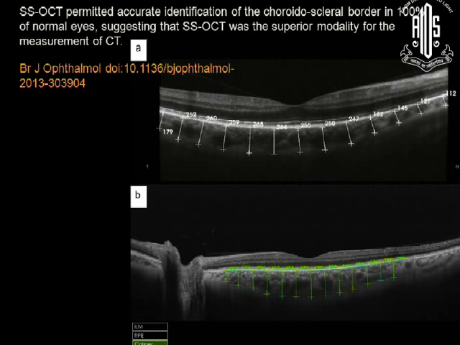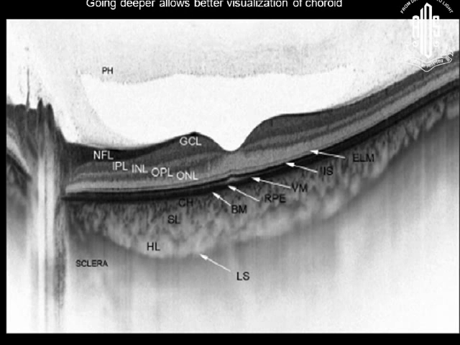This is the article published in BJO, and these images are from that article, which indicate that with the spectral domain, the maximum you could go was up to 6 mm, and you had to manually put all that. This is not with the swept source anymore. You can go up to 12 millimeters and you have the algorithms and the machine doing it precisely where it should put. So we can see vitreous.